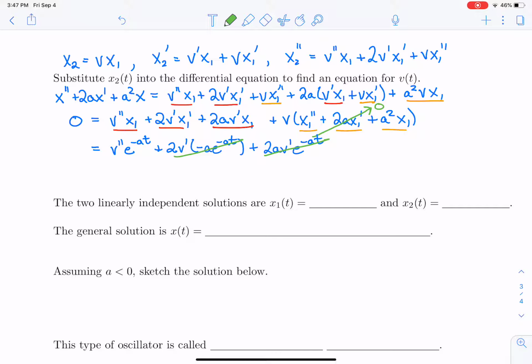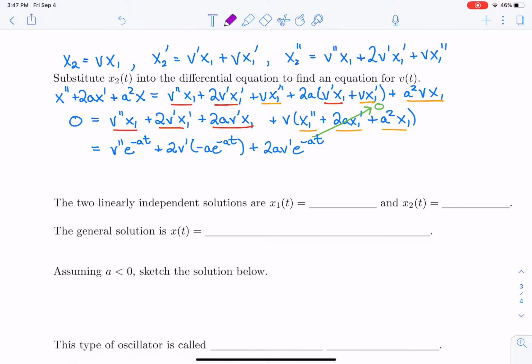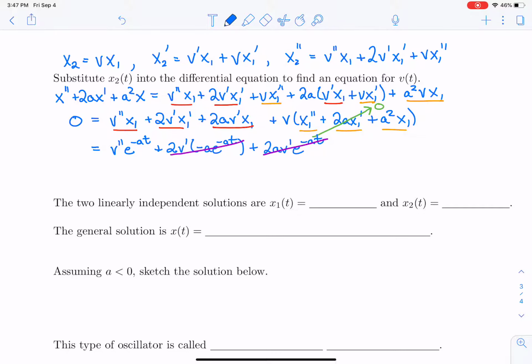Okay, so in fact, maybe I'll use a different color here. So this one cancels with that one. So that tells me, well, e to the minus at is never 0, so v double prime must equal 0.